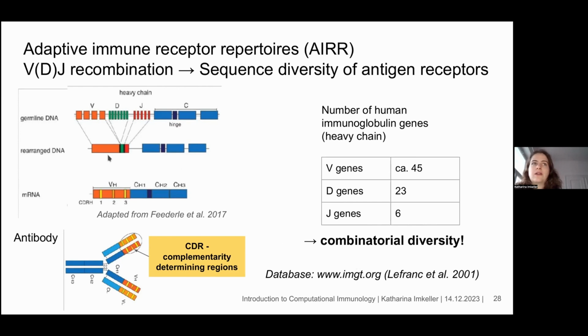And if you imagine that one V and one D and one J can be randomly selected, you already see that there's a huge level of combinatorial diversity. There are some other processes. I don't want to go into too much detail. Maybe just to mention that the recombination here involves addition or removal of nucleotides, which further increases the diversity of the sequence.